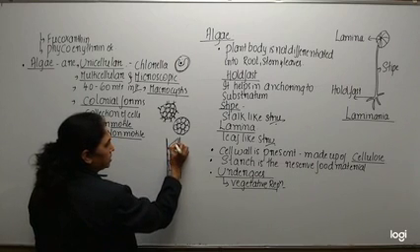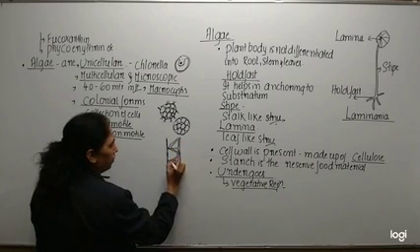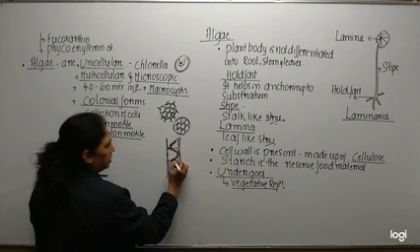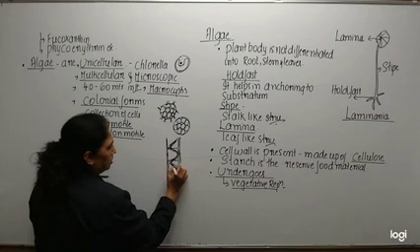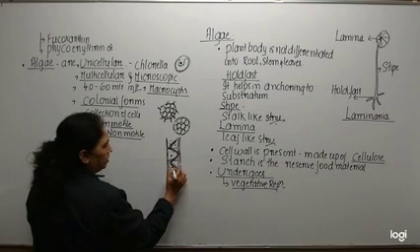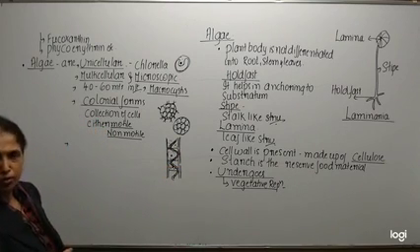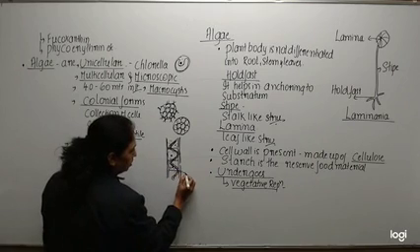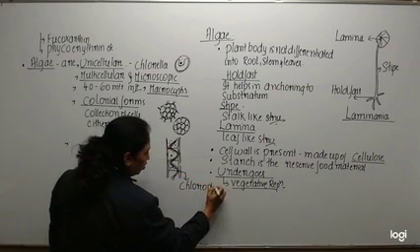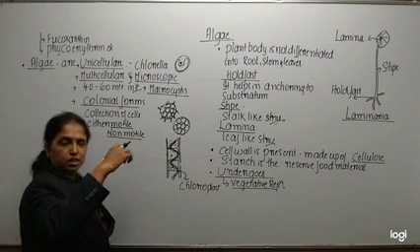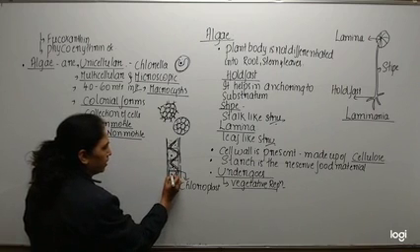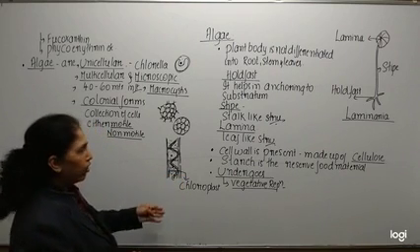In Spirogyra, the chloroplast is spirally coiled, and many cells are placed one above the other and form a row of cells.